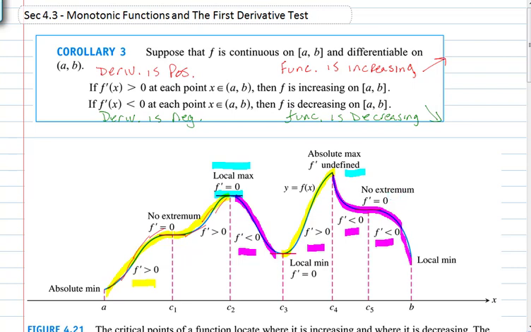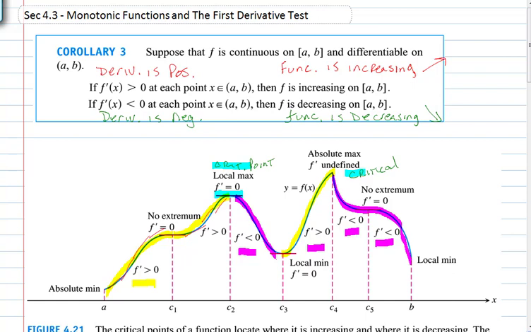But right here, the derivative is undefined. This is a critical point. And this is a critical point. But notice your function went from increasing to decreasing. It went from positive to negative.